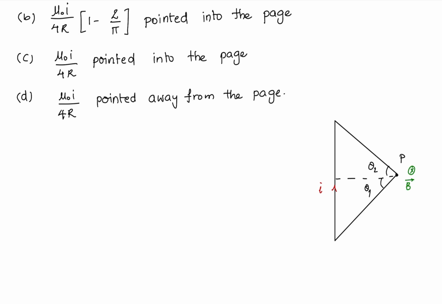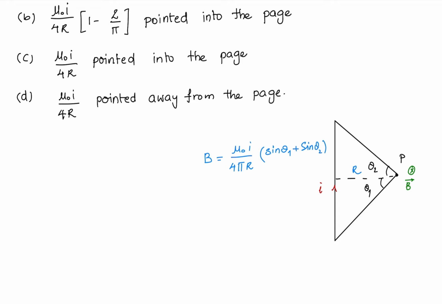The magnitude of this magnetic field is B equals mu naught I by 4 pi R into (sine theta 1 plus sine theta 2), where R is the perpendicular distance.